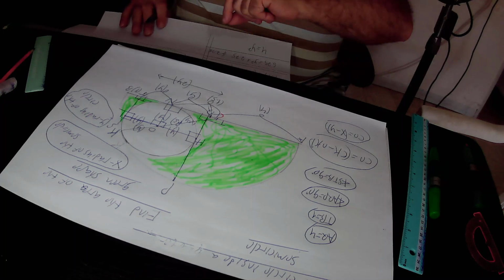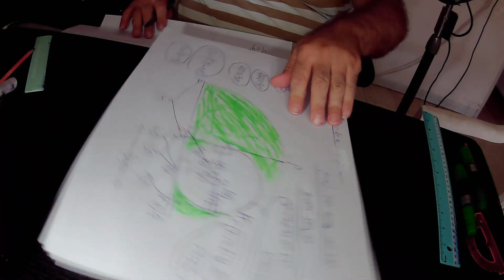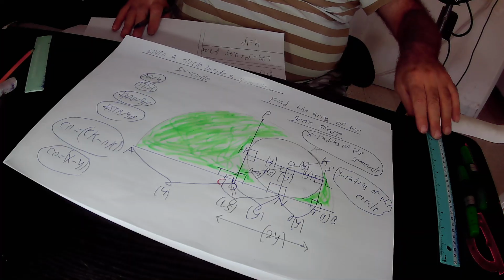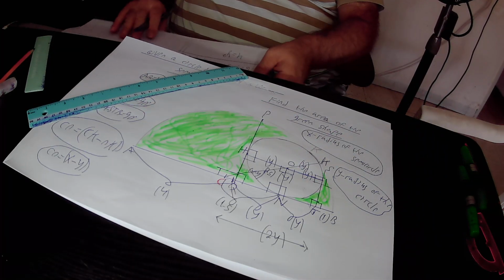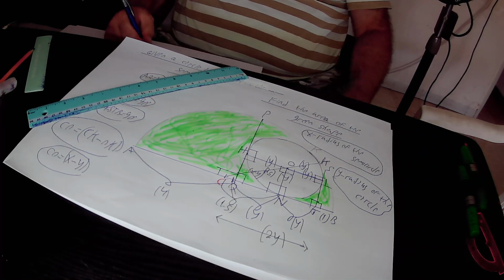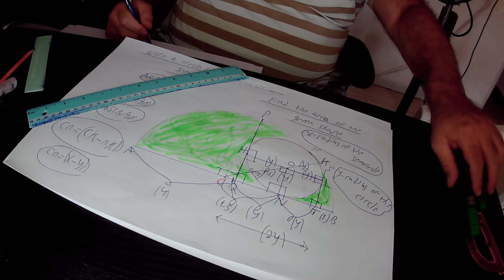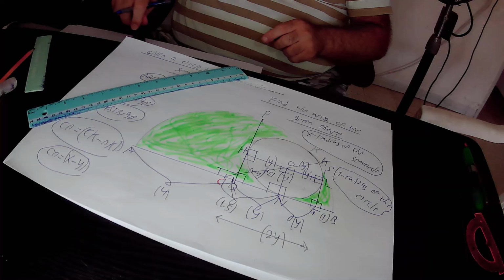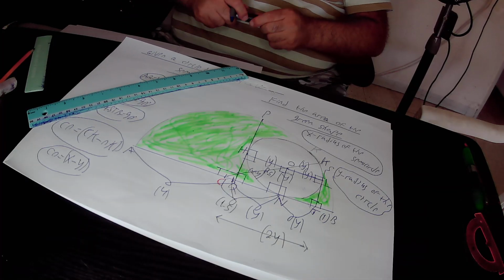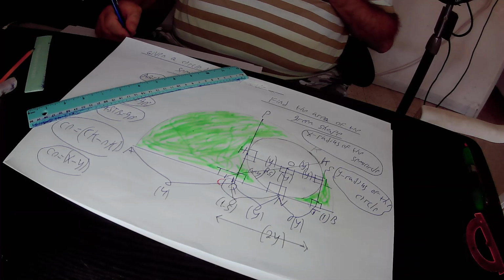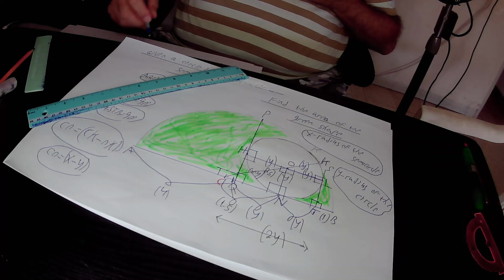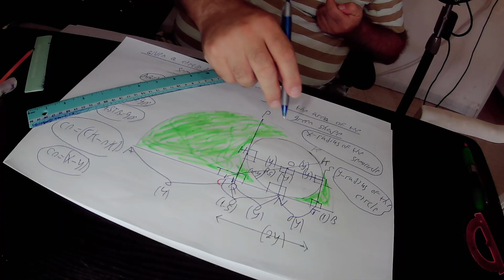Our task is to find the area of this green shape. So what is the area of the green shape? From the diagram, it is very easy to see that the area of the green shape in total equals the area of the big semicircle minus the area of the small circle.